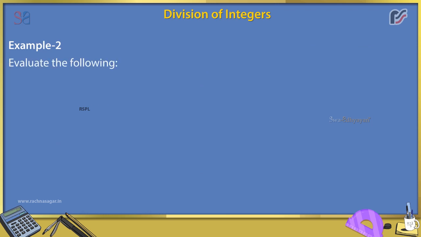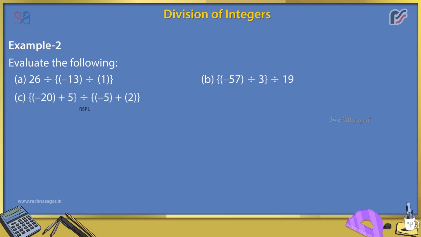Example 2. Evaluate the following. A. 26 ÷ (−13) ÷ 1. B. (−57) ÷ 3 ÷ 19. C. (−20 + 5) ÷ (−5 + 2).